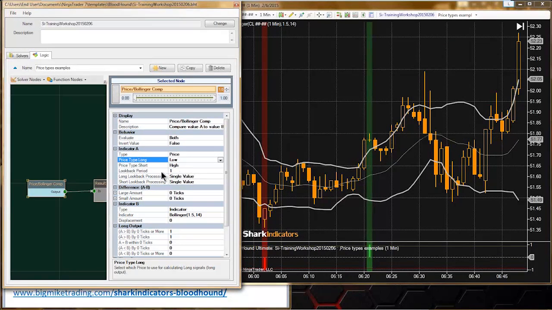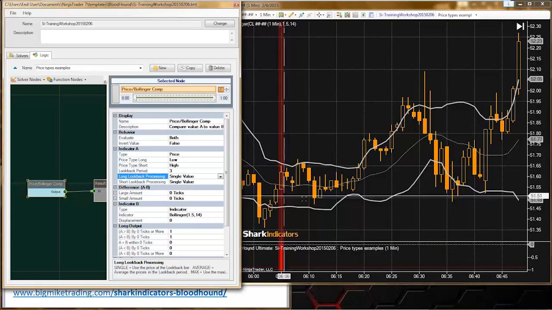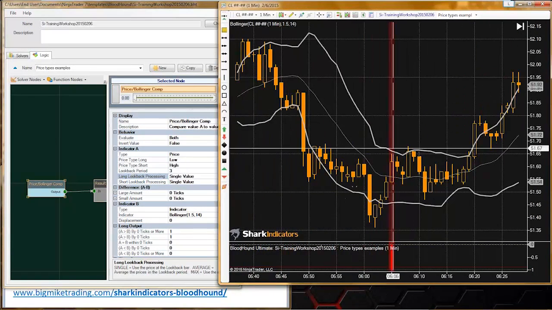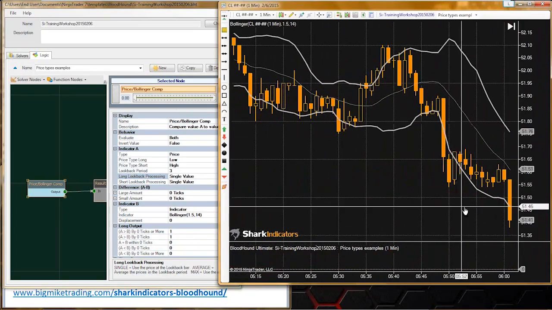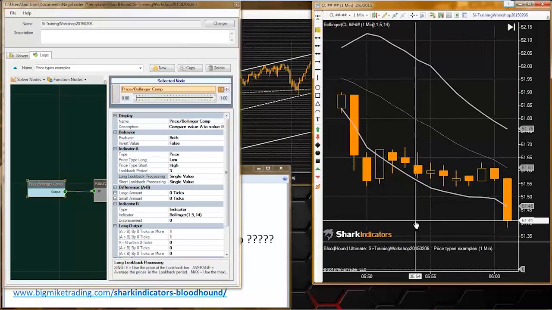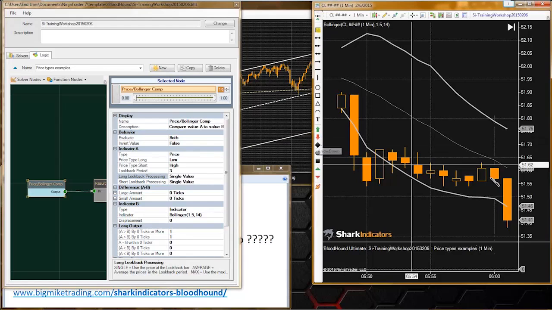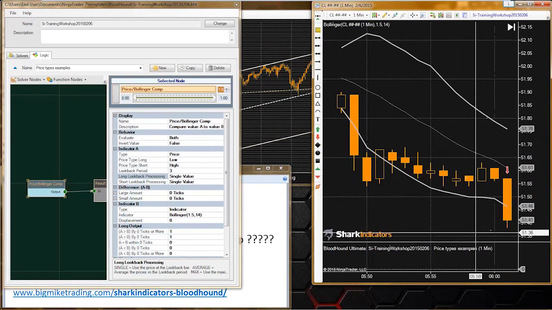Alright. Okay, so now let's take a look at the look back period. I'll do something simple like 3. The default setting is just this single value here. Let's pay attention to this bar here.